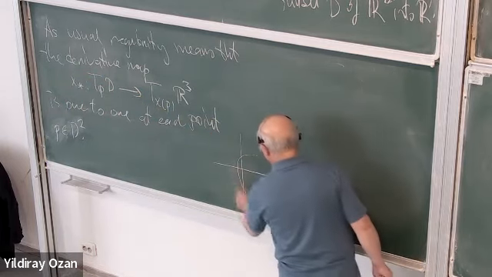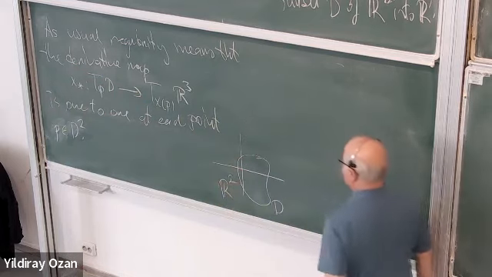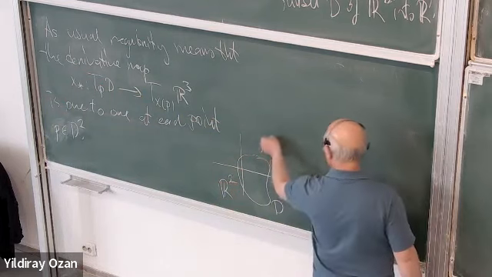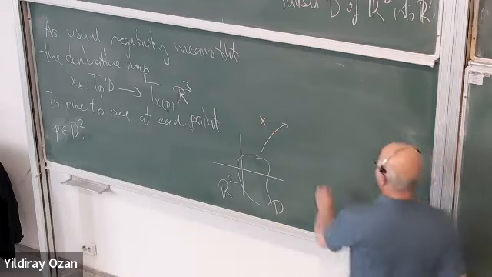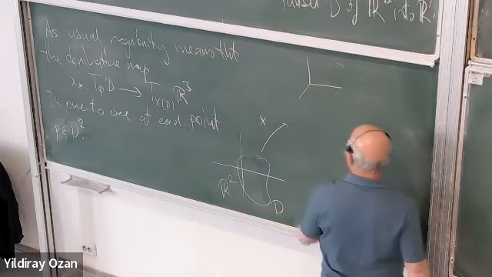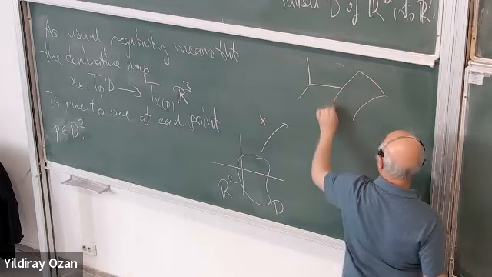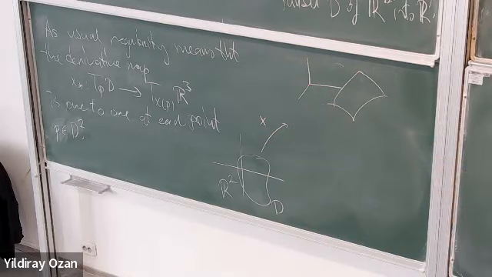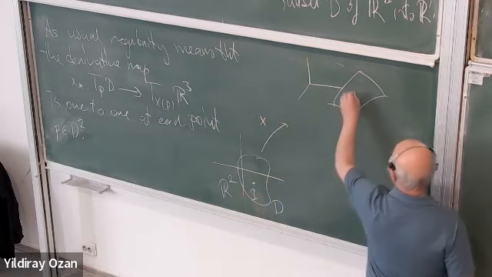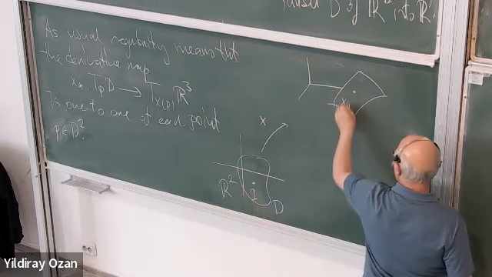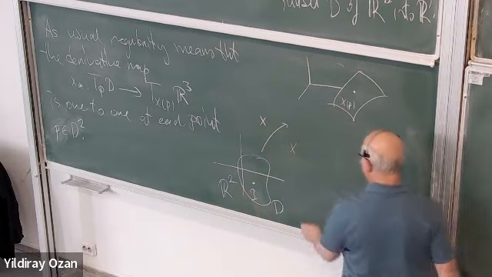I have some open region here, D, this is R2. And we have a mapping X from R2 into R3. So I have R3 here. And its image here is a surface patch like this, probably. Okay. And if you are at a point here, P, then this is the point X(P), the image of that point. Here, X is a function from R2 to R3.